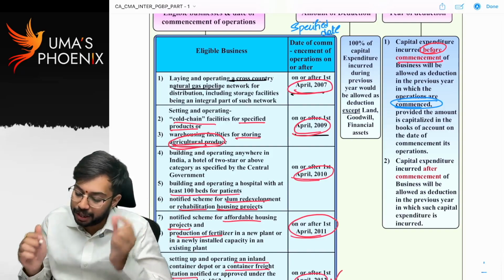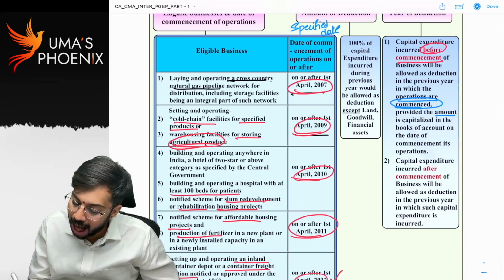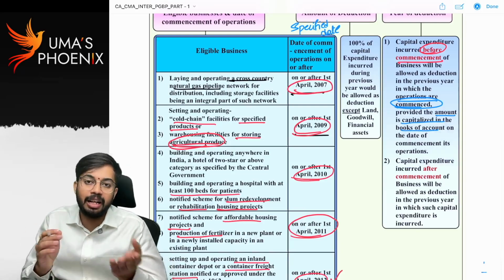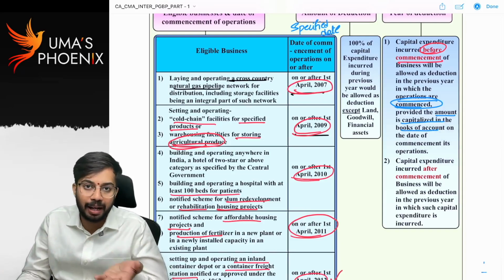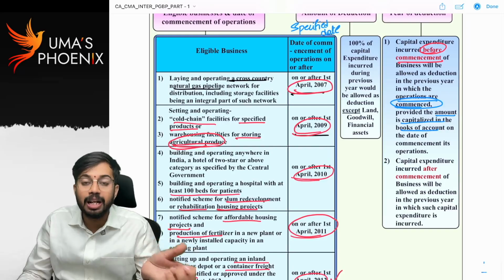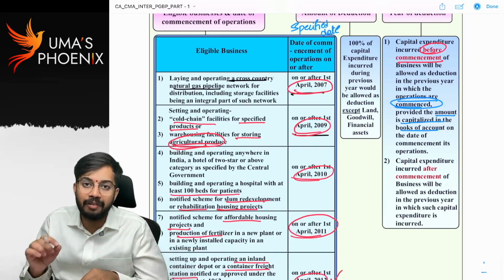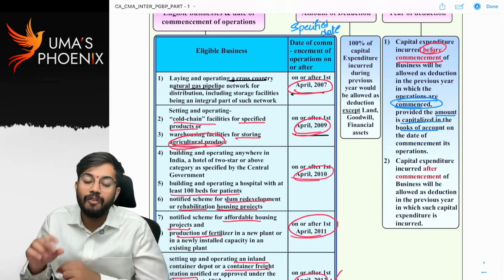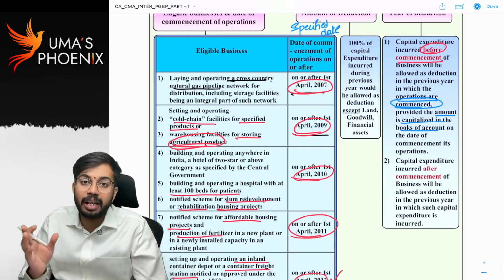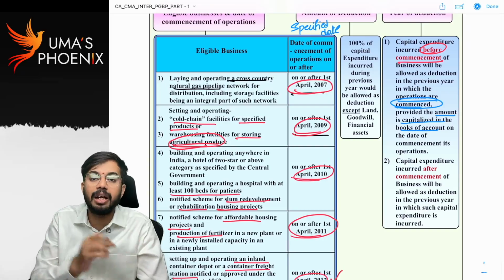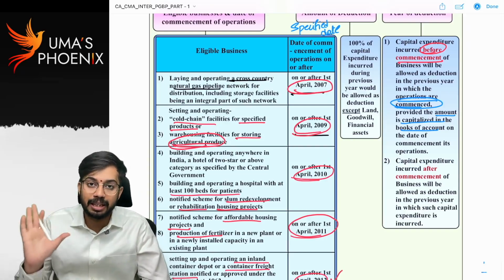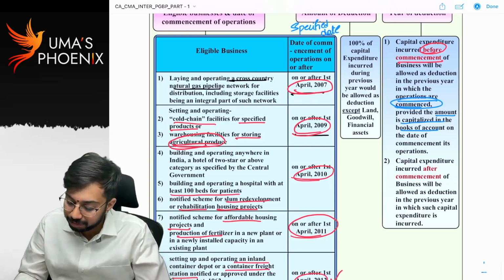But the only condition, provided the amount is capitalized in books of accounts on the date of commencement. See, generally capital expenditure should be capitalized, right? So before commencement, whatever the capital expenditure is, that should be capitalized in the year in which business is started. Whatever the capitalized expenditure is, 100% of the expenditure, even though incurred before commencement, is still allowed as deduction. When allowed as deduction? In the year in which business is commenced.